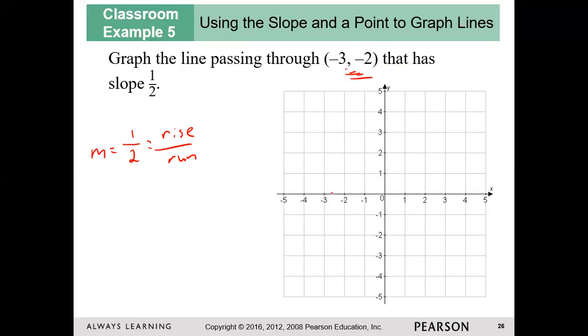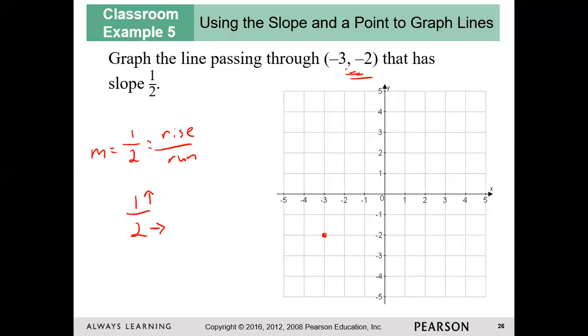So I'm going to graph this one. It's going to be in the third quadrant since both of these coordinates are negative. So I'm going to graph that right there. So (-3, -2), boom. And then from here, I'm going to use my slope, which is 1/2. So that means from that point, you go up 1 to the right 2.